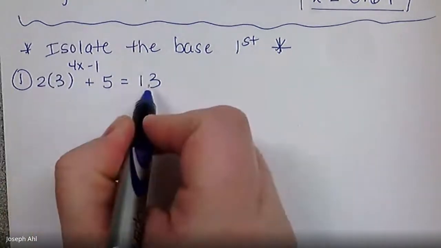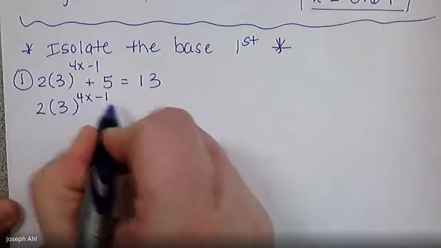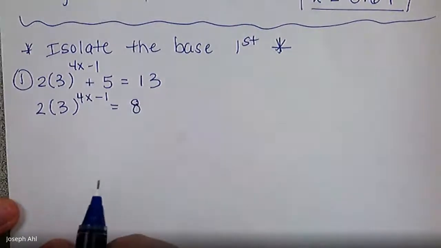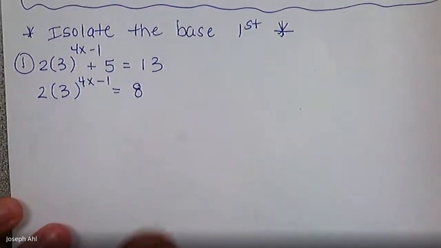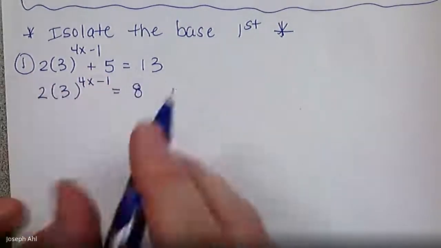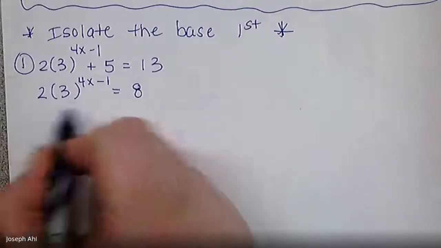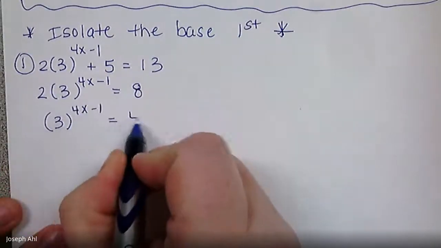First step is, let's subtract the 5 to the other side. So 2 times 3 to the 4x minus 1 now equals 8. Okay, next, do not multiply those to get 6. That's really bad because then you're breaking PEMDAS. Got to do exponents before you would multiply those. So since I don't want to multiply the 2 in there, let's divide it to the other side to get 3 to the 4x minus 1 now equals 4.